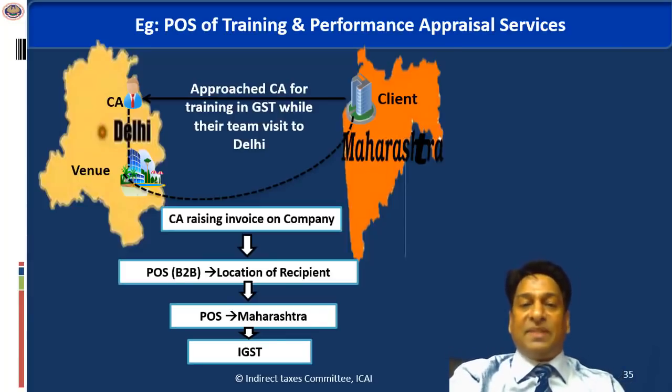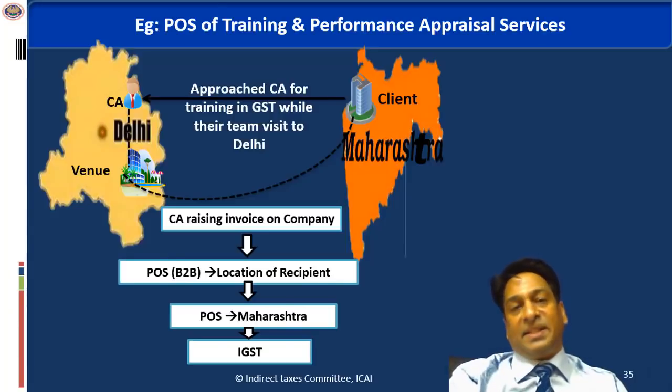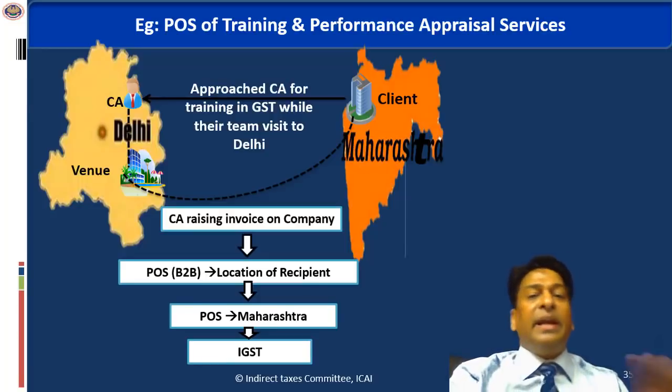Let's say a client registered in Maharashtra approaches a chartered accountant registered in Delhi for GST training. The client team comes all the way from Maharashtra to a venue located in Delhi and undertakes this training service. Now the question comes, what is the place of supply, intra or inter?